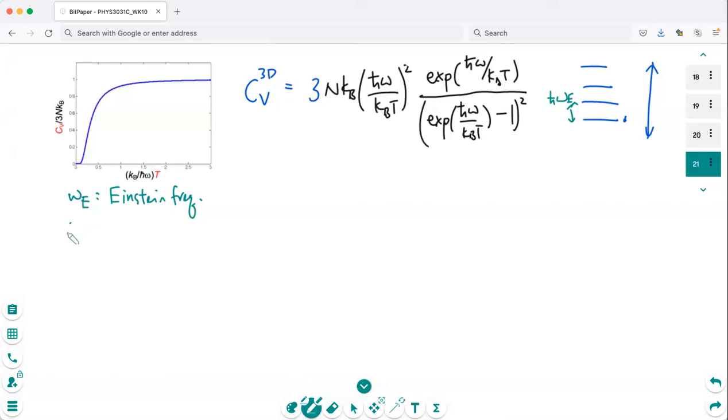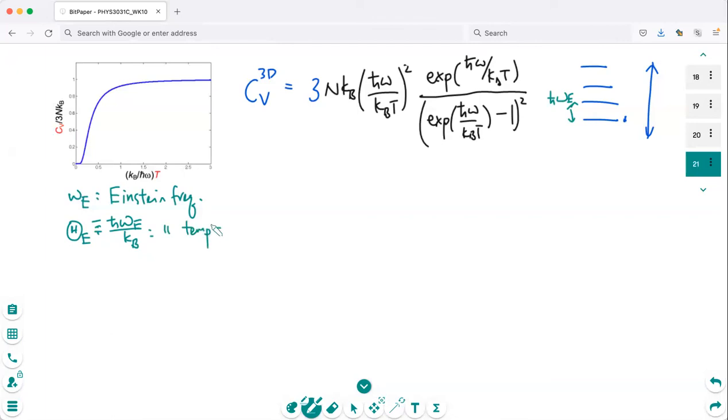And in that case, you can define another thing, which is called the Einstein temperature. So the Einstein temperature is simply defined. This is a definition. You take this energy, and how do you translate it to temperature? You divide by kB.